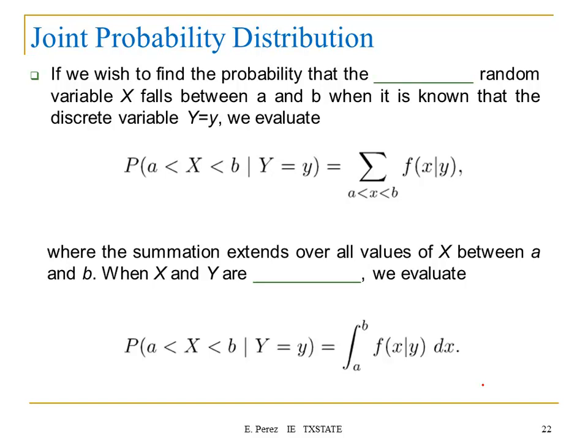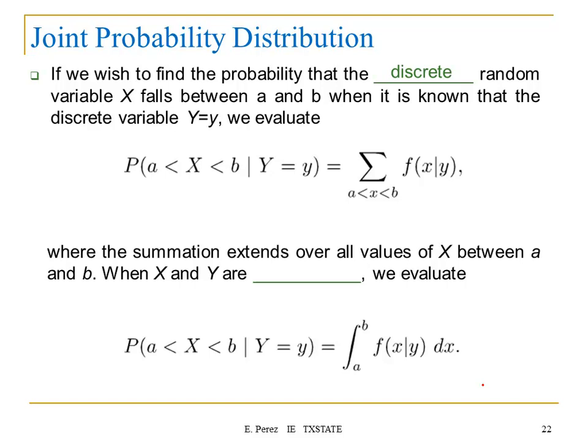If we wish to find the probability that the discrete random variable x falls between a and b, when it is known that the discrete variable y equals y, we evaluate that. Remember, this is a discrete random variable. So we look at the probability of x being within that interval, given that y equals a particular number, let's say 3.